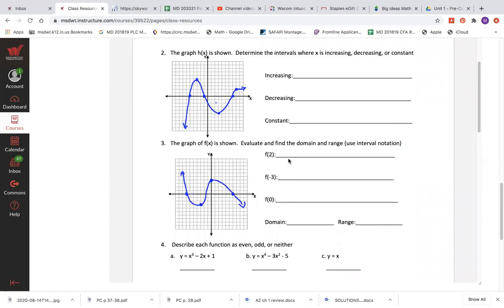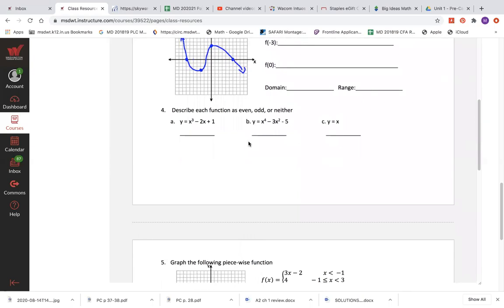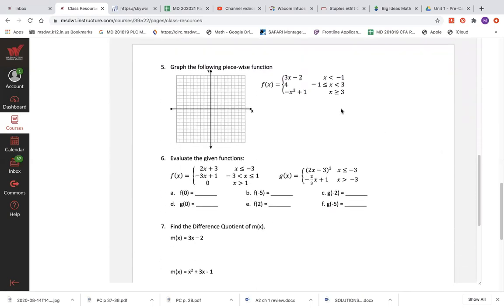Again, make sure it's in interval notation. On number 4, I want you to describe whether it's even, odd, or neither. Number 5, make sure it's open or closed. How do we do this? Again, we did this quite a bit, so make sure you understand this. We'll go over all of this stuff tomorrow.